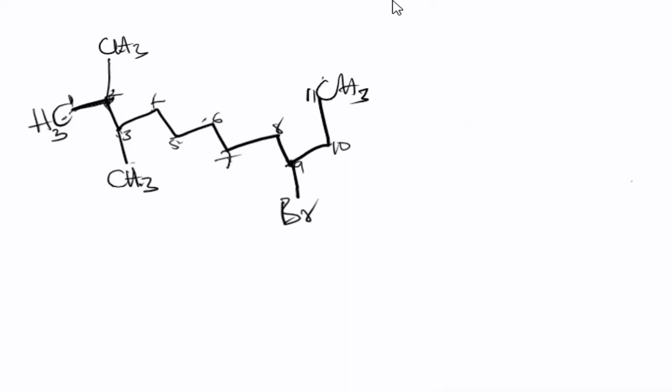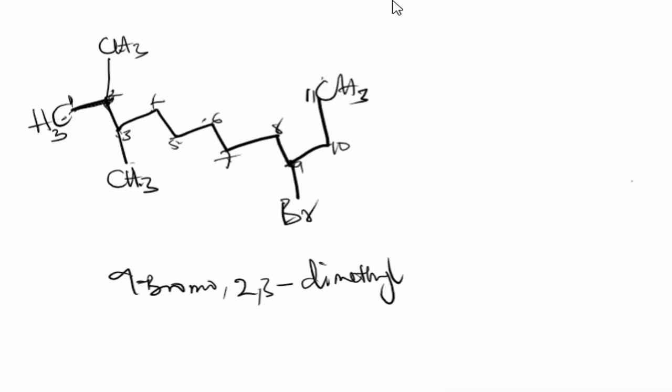So I'll have 9 bromo, 2, 3 dimethyl alkane.